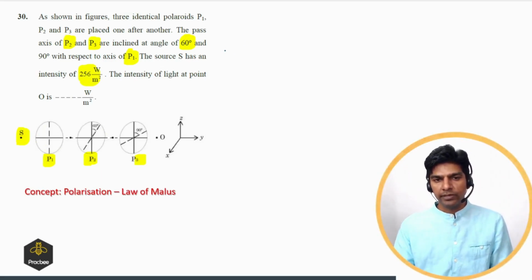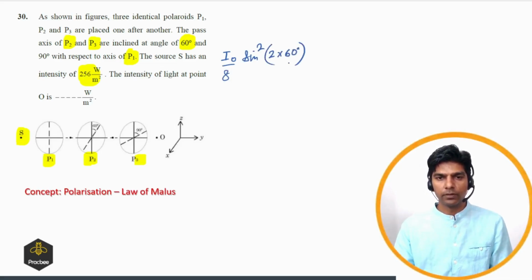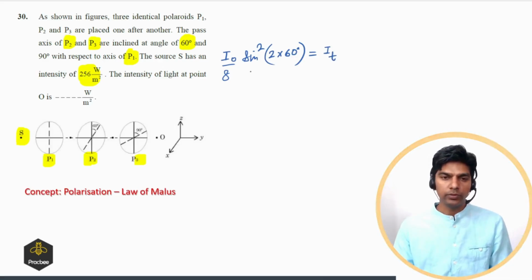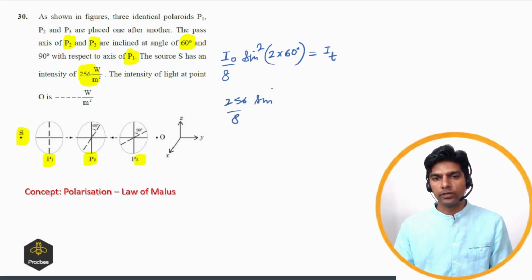So if it is unpolarized, we can apply this formula. So it will be I naught by 8 sine square 2 theta, and theta is 60 degrees. And this is the transmitted intensity that we have to calculate. I naught is given as 256, divided by 8 sine square 120, and sine 120 is root 3 by 2.